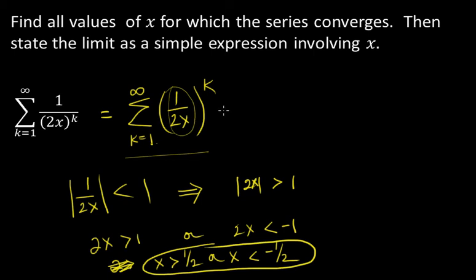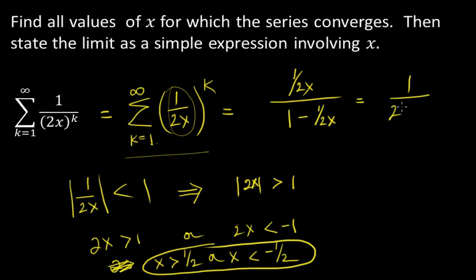And let's see, what would it converge to? Well, it's going to converge to the first term when k is 1, which is 1 over 2x, over 1 minus r, 1 over 1 minus 2x... rather, 1 over 2x over 1 minus 1 over 2x.